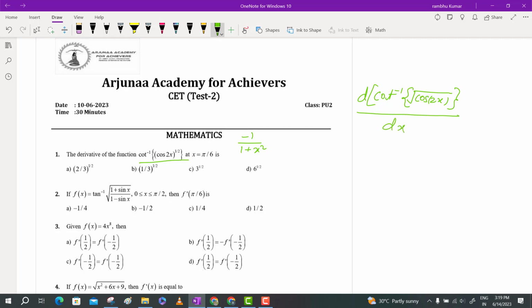Now you know we cannot find it directly, so we have to apply the chain rule, correct?